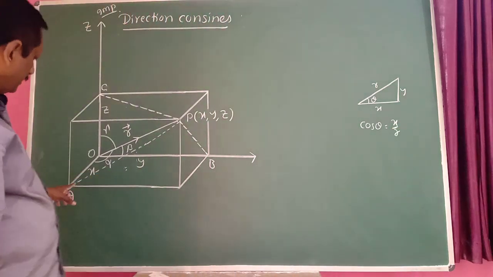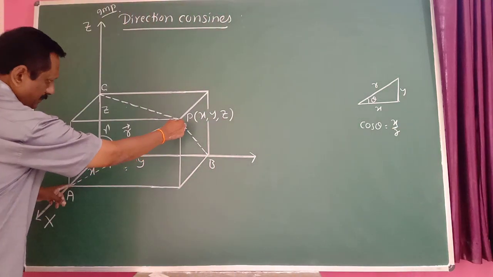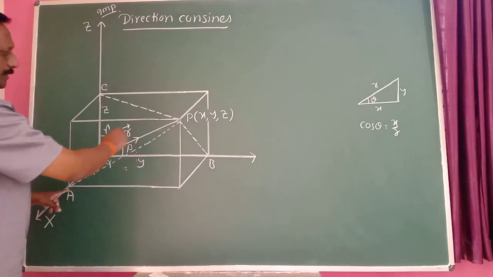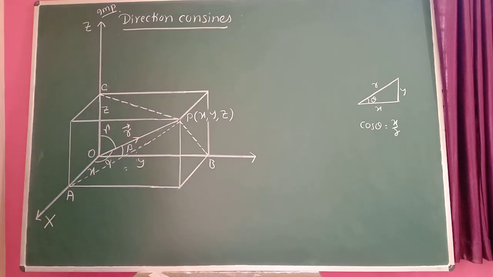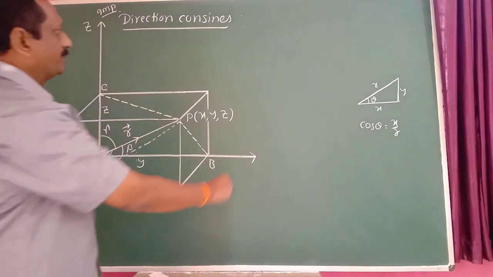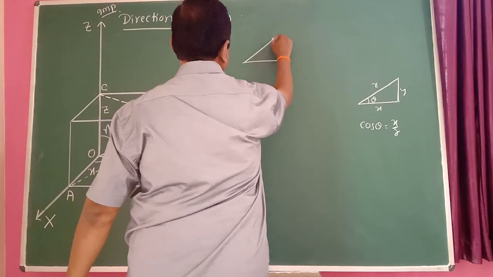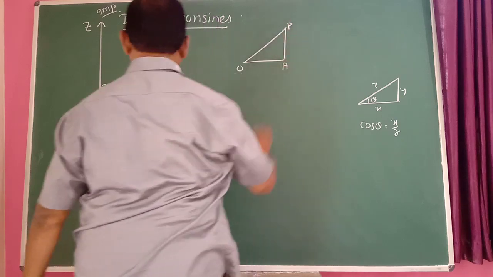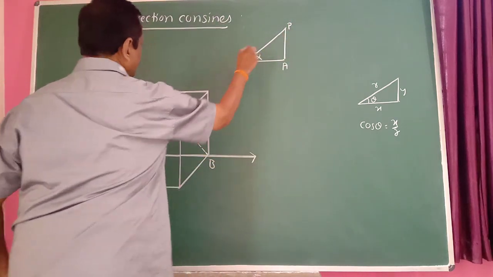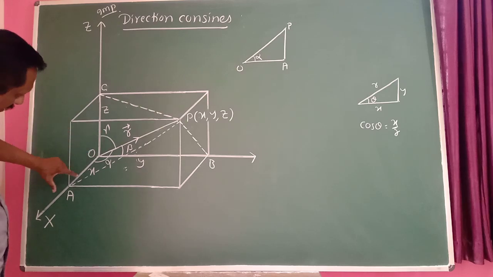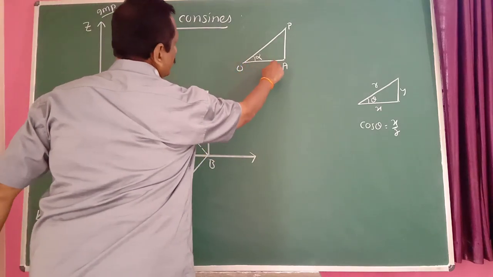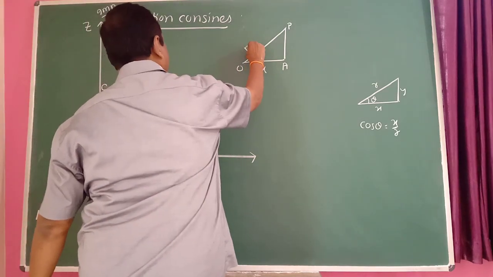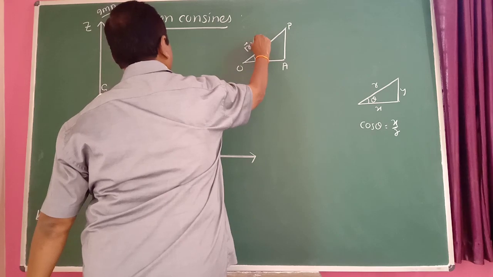Even here, if we join A and point P, then OAP is a right angle triangle. At this point it is a right angle, and this angle is alpha. Here OA is equal to x, and OP is modulus of r bar, or simply you can take r.